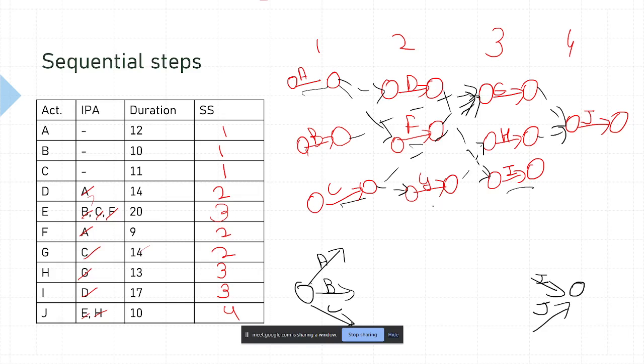Then we have got C, G, H, J. So let's have it C, G, H, and J, A, F, and I. Now what is remaining is B, E, and D is also remaining, right?